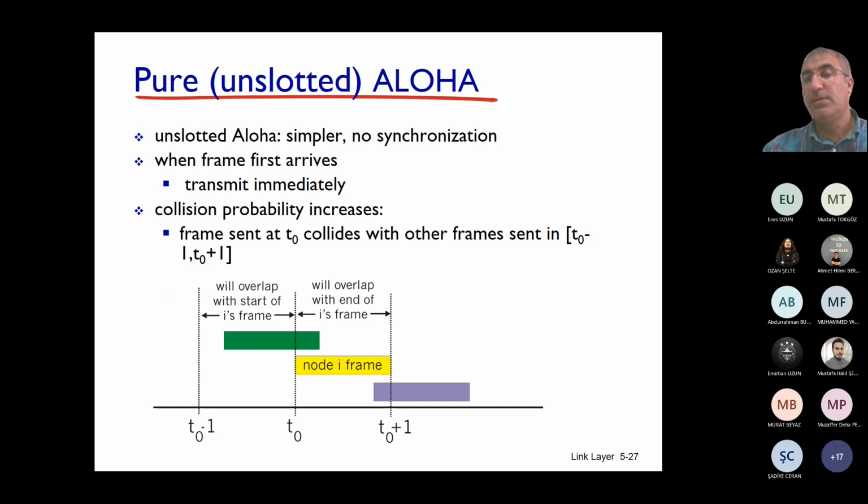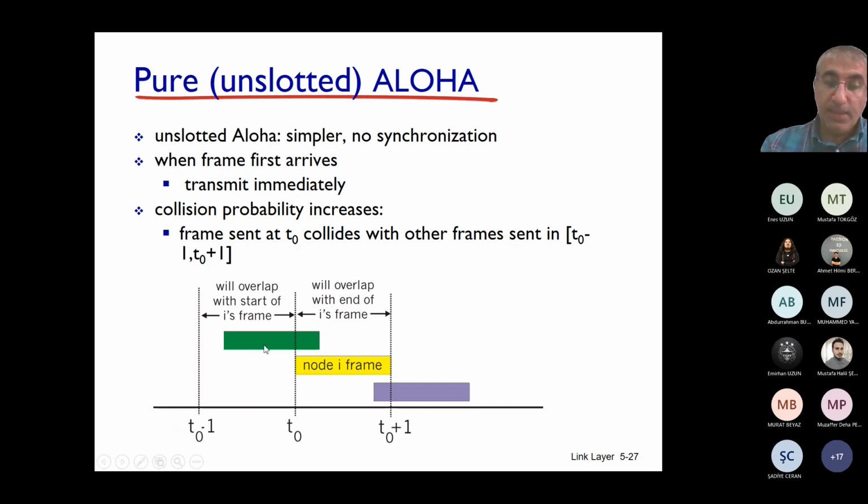It's simpler compared to slotted Aloha, with no synchronization. How it works is very simple. When a frame first arrives, transmit immediately. So there isn't any kind of slot in this, because in the previous case you have to wait and transmit at the beginning of each slot. But in this protocol, there's no slot concept. Whenever a frame comes, transmit immediately. And in such a case, the collision probability increases, right?